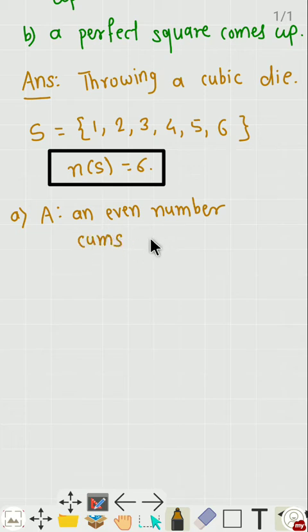So in this case, out of these 6 numbers, the even numbers are 2, 4, 6.